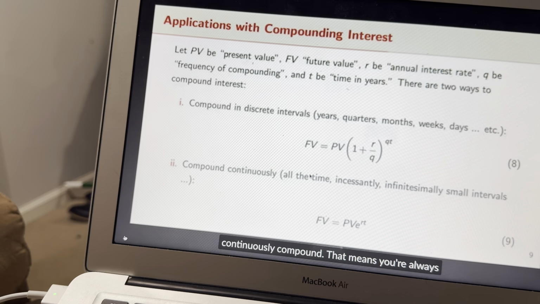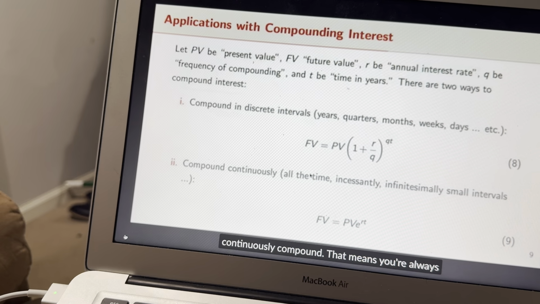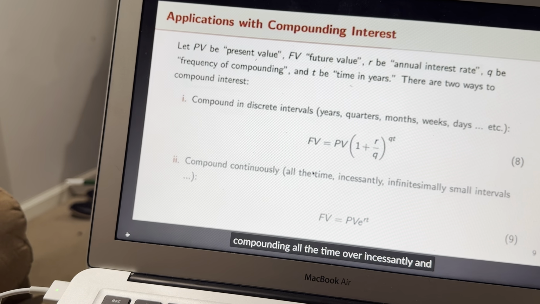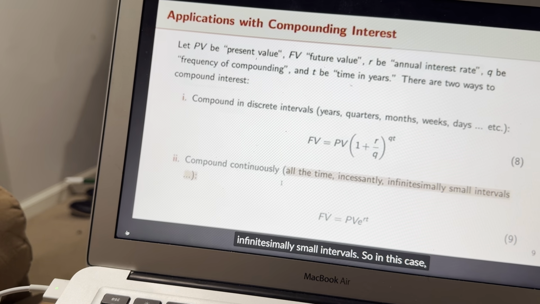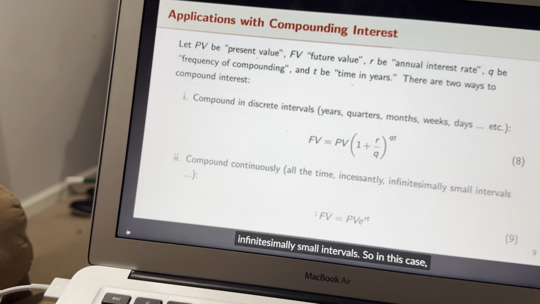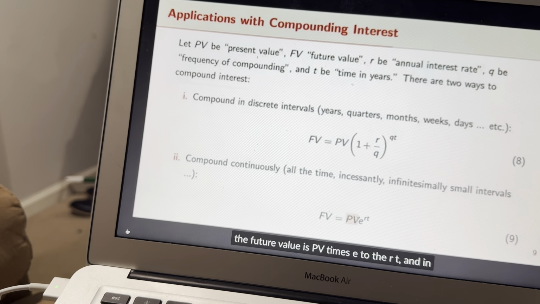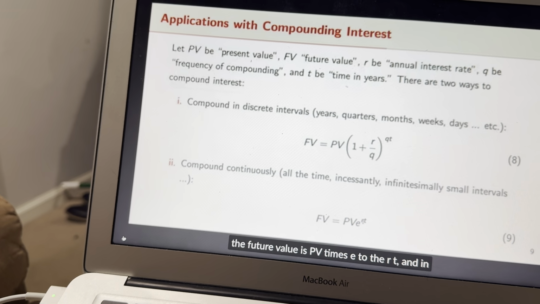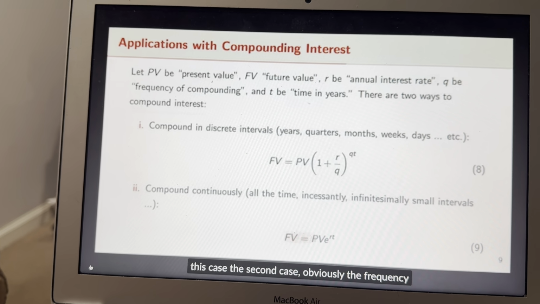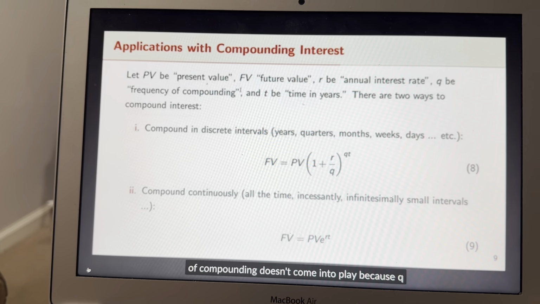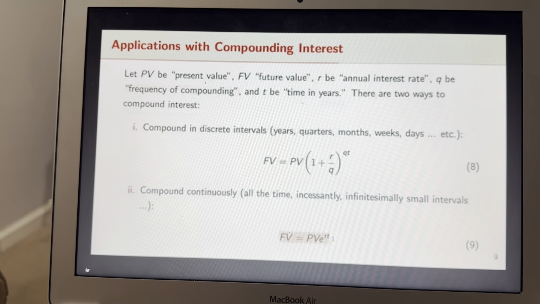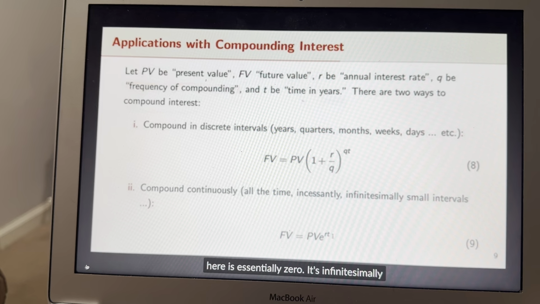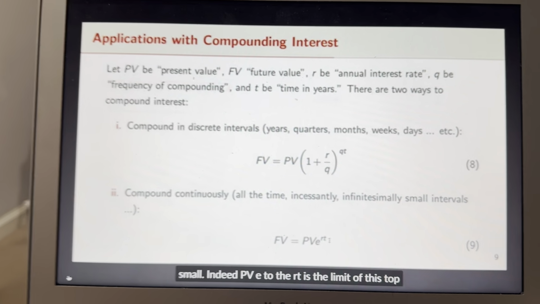The other way is to compound continuously. That means you're always compounding, over incessantly and infinitesimally small intervals. In this case, the future value is PV times e to the RT. Obviously the frequency of compounding doesn't come into play, because the interval is infinitesimally small.